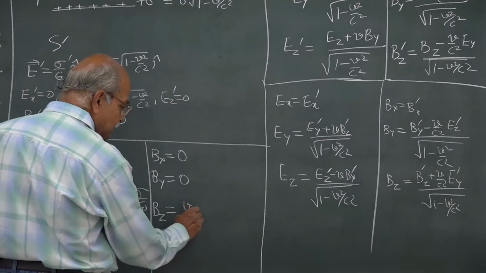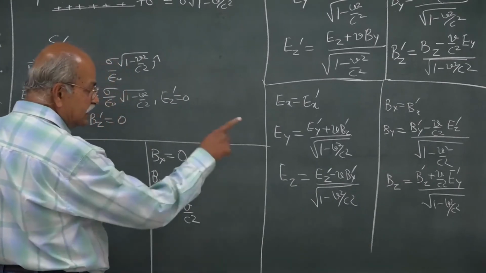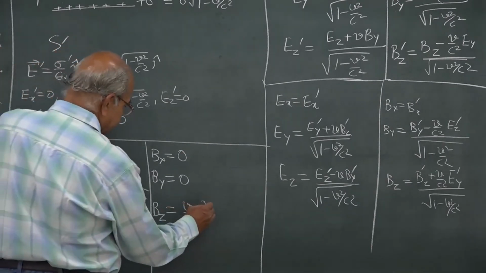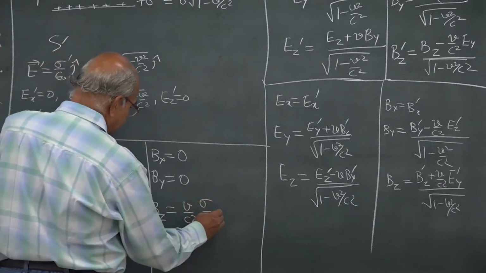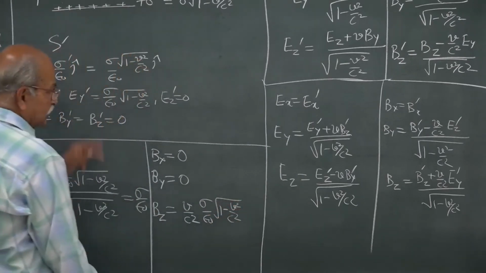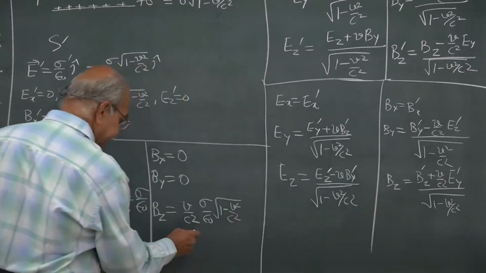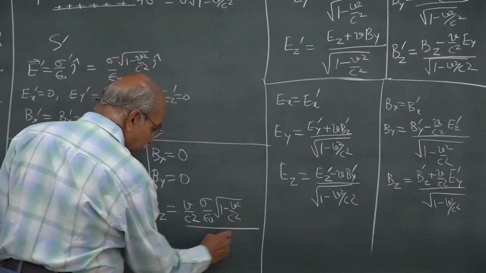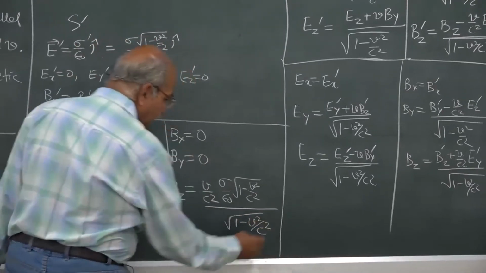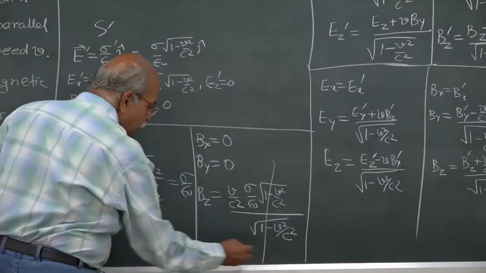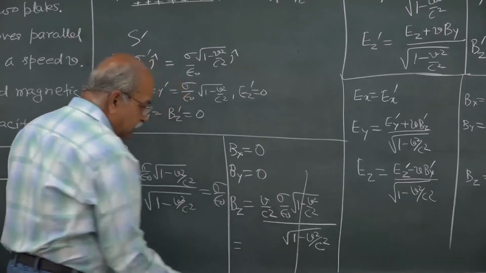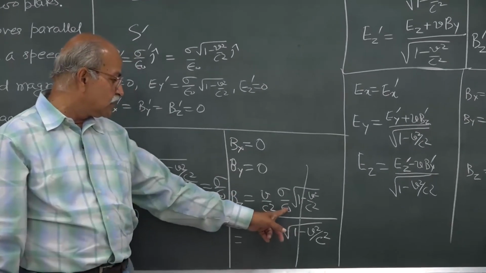Then v by c square, and then Ey prime. Ey prime is sigma by epsilon naught square root 1 minus v square by c square, then divided by square root 1 minus v square by c square. So this cancels out and you have Bz, which is 1 by epsilon naught c square.